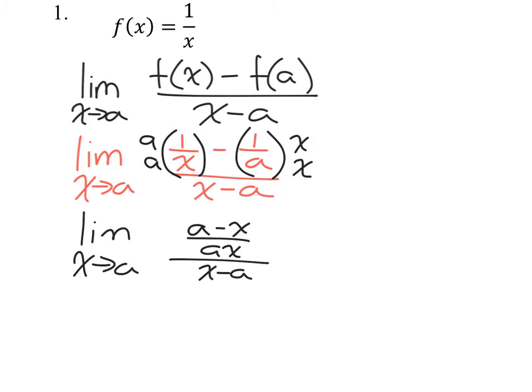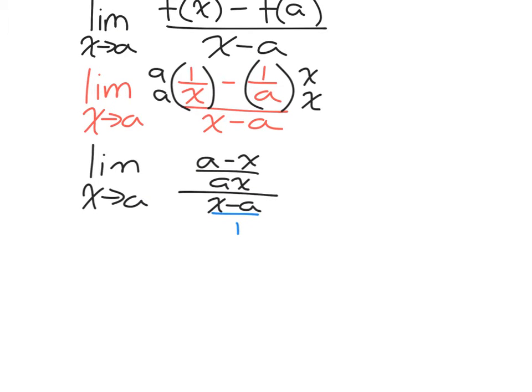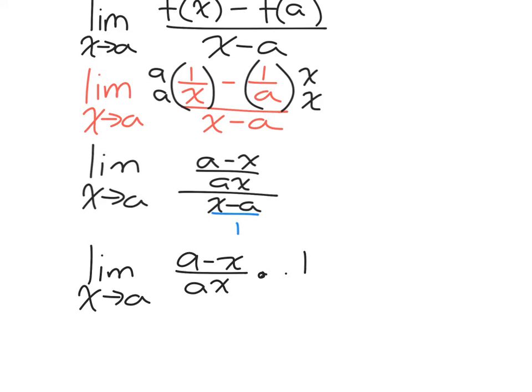I'm going to just put that x minus a over 1, so it makes it a little bit more obvious that it's a fraction over a fraction. That way the next step doesn't look like a work of pure black magic. All right, a little keep, change, flip action there.